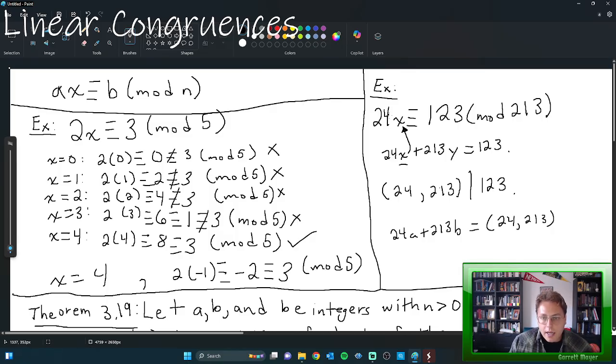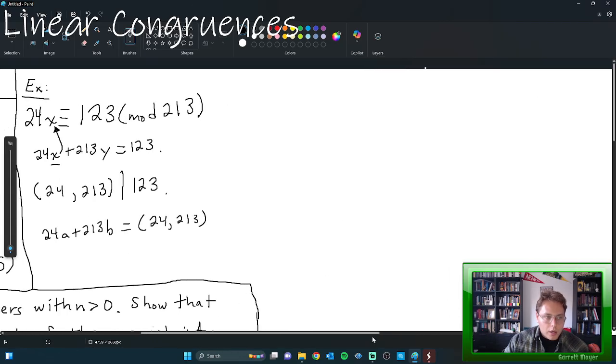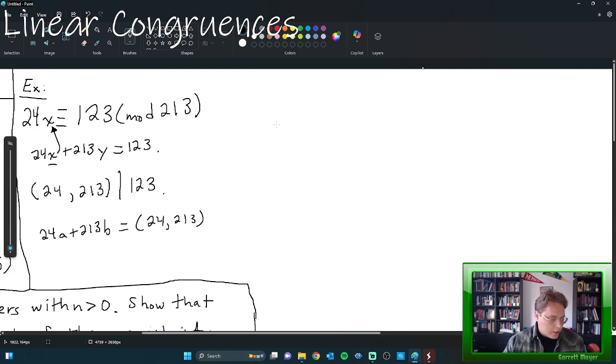Since this divides 123, we can just multiply it by whatever it would be multiplied by to get 123. And then a times that number would get us to x, and then b times that number would get us to y. So that's kind of the roadmap here that I want to follow. And then let's just go through it. I'll keep this out over here, and then we can work through this together.